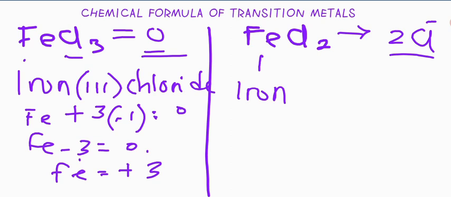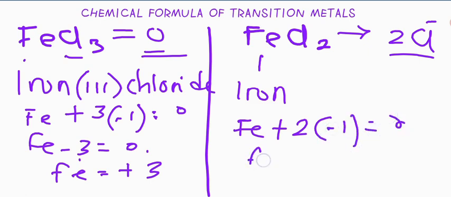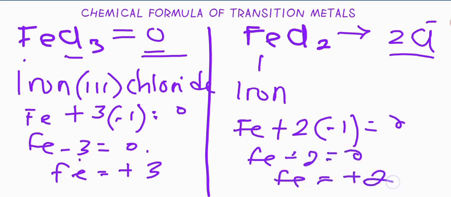Like I said earlier, the oxidation state of a compound is going to be 0, and we have Fe plus 2 times minus 1 equals 0. We're going to have Fe minus 2 equals 0. The iron is going to have a charge of plus 2. So we include this, and turn chlorine to chloride, giving iron(II) chloride.